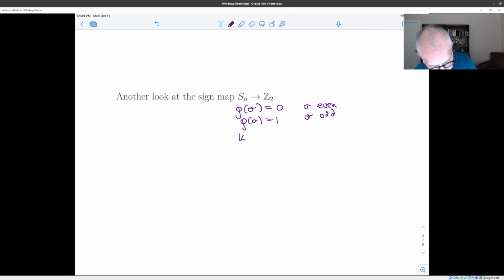The kernel of phi is the group An. If we draw the picture for the first isomorphism theorem, which I would encourage you to do in these situations, I'm going to call this psi, which is not what I called it before, but it's what it's called in the diagram. Kernel of phi is what we called K.